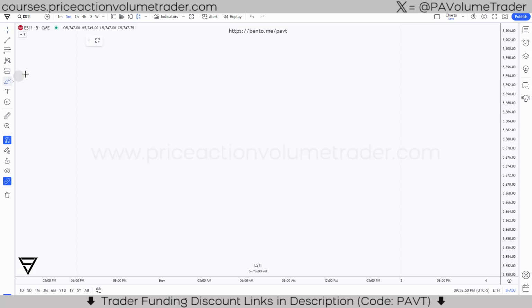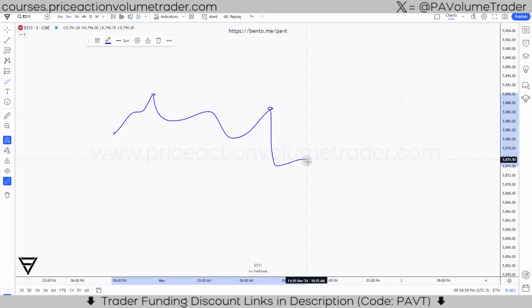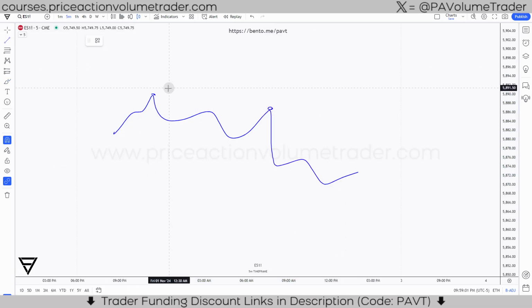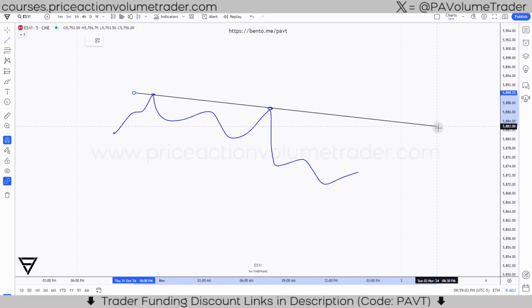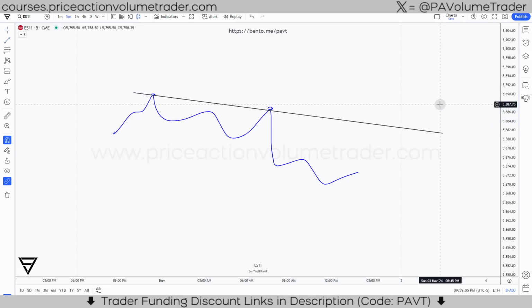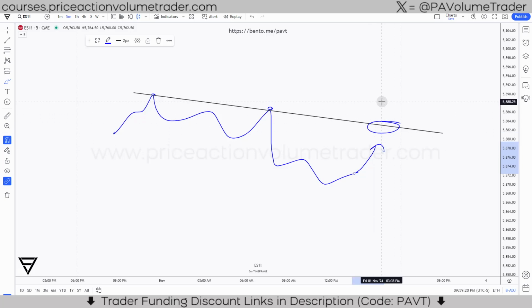Obviously, what do we need to draw a trend line? Well, we need two swing points in order to draw our trend line. Now, when I identify two clear points on a trend line, then I'm very aware and paying attention to a third touch.